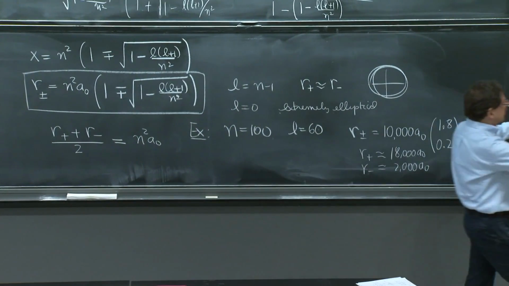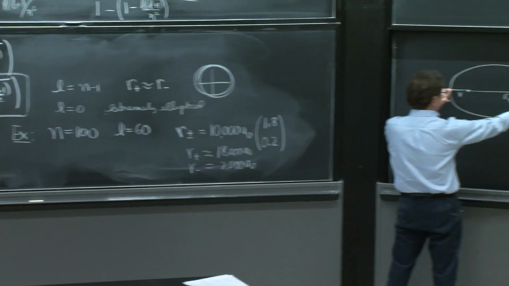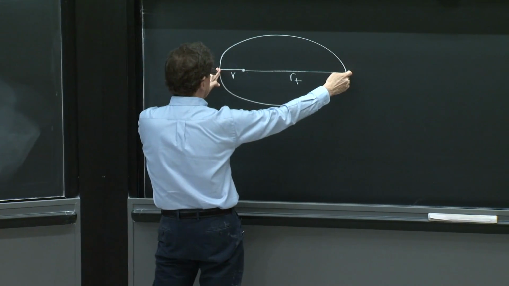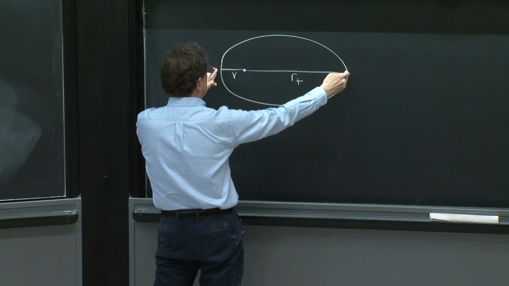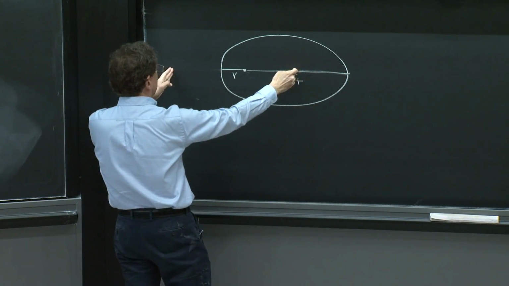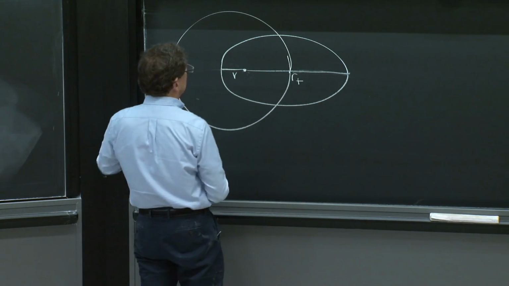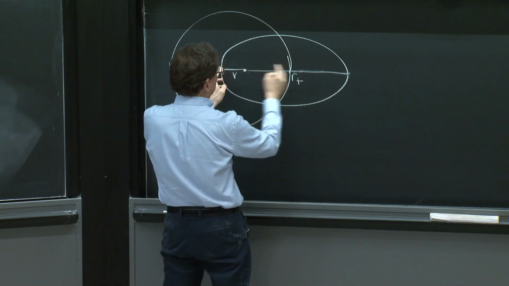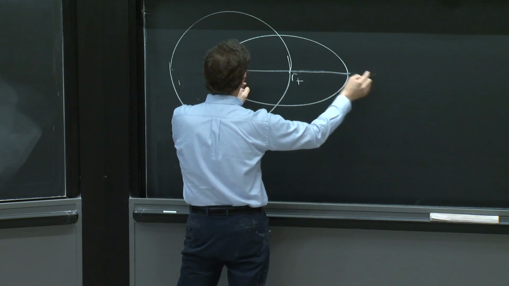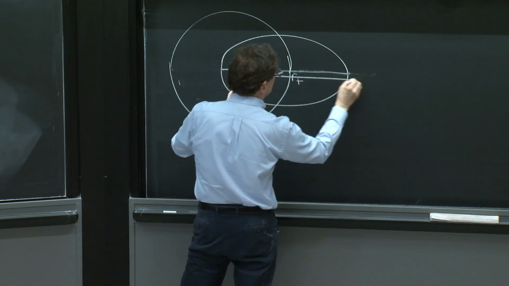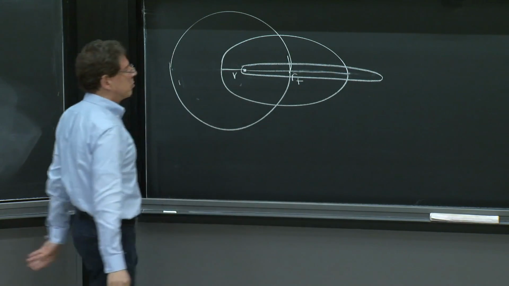So if this is the total length of the major axis, when the orbit becomes circular, it's the same. And this distance, when the orbit becomes very elliptical, is the same as well.